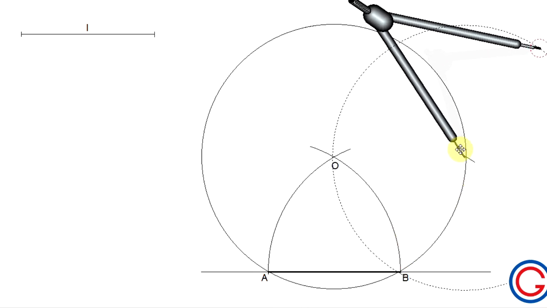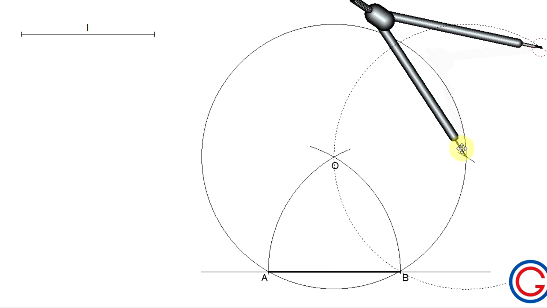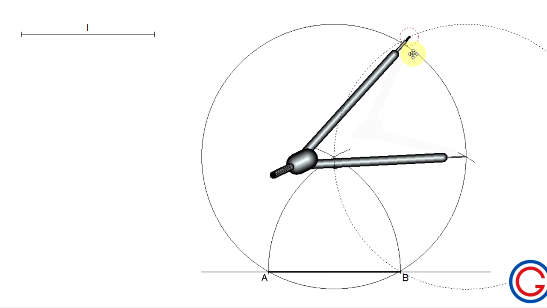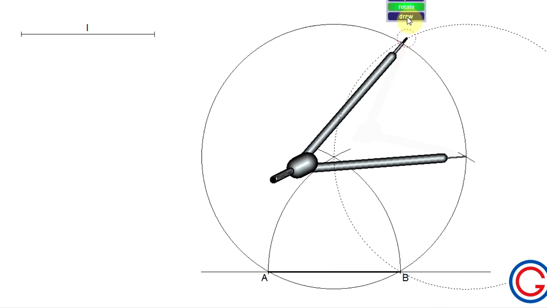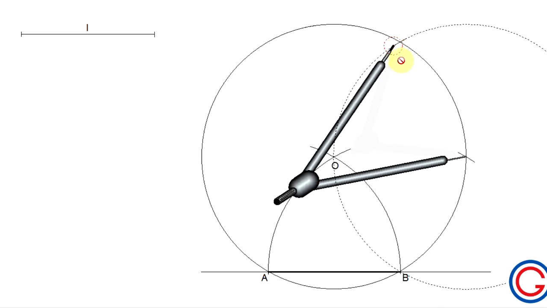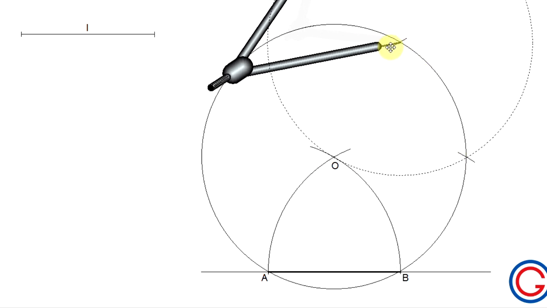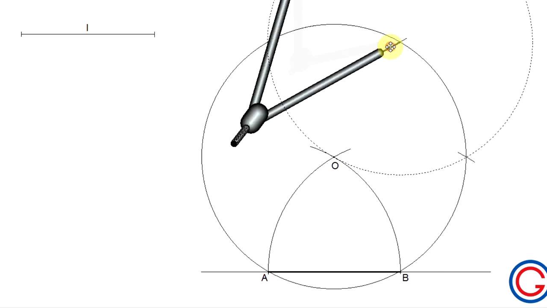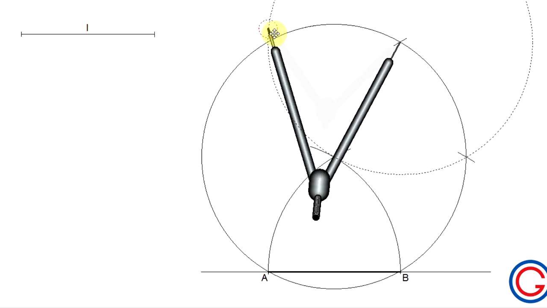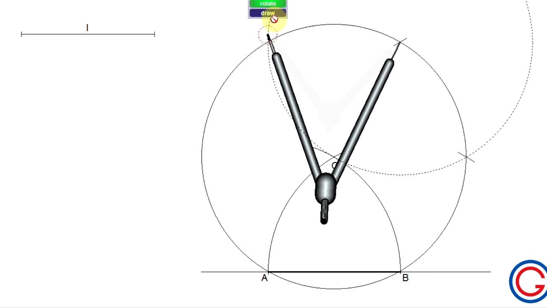To continue, using the given measurement of the side, which is the same as the radius of the circle, setting our compass on point B, we will scribe an arc to the right to cut the circle, which will be the next vertex of our hexagon. Now, setting our compass on this point, we will scribe another arc, which will be the fourth vertex of the hexagon. We continue marking our vertices by setting the compass on the previous vertex as shown here.